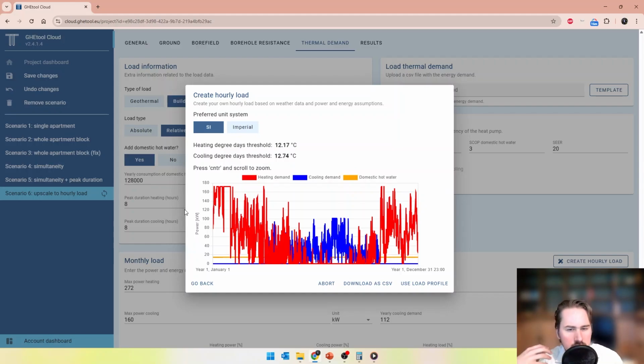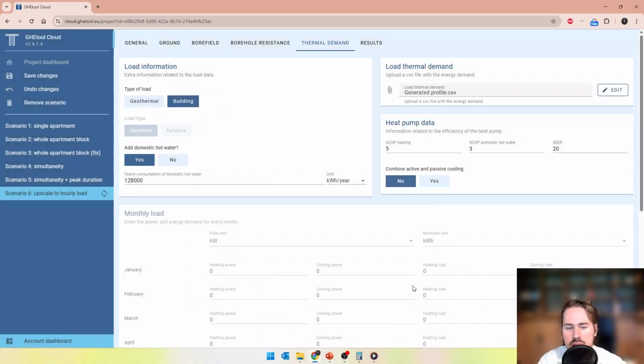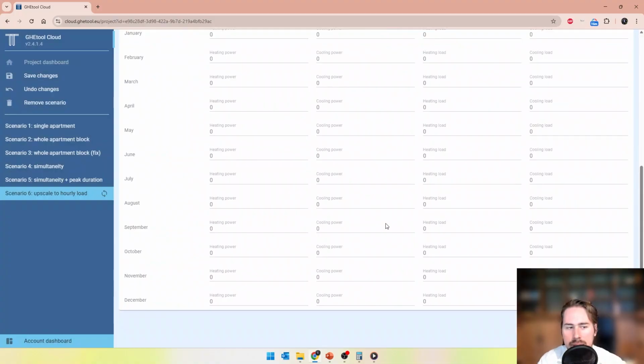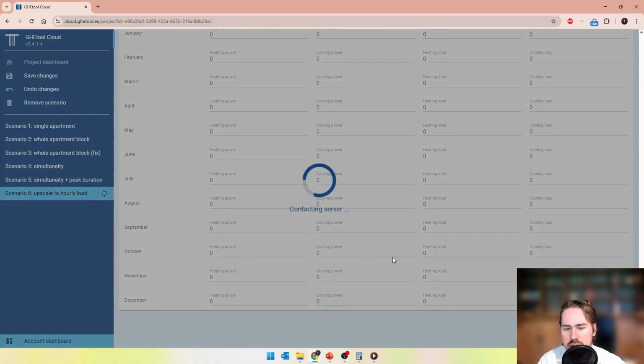So if you recall our video on this specific functionality, what we do is we take the weather profile and we try to fit our peak demand and energy demand onto it, and then we limit our peak power to exactly the peak demand that we have installed. So let us go ahead and use this hourly profile, and let's simulate the result now.